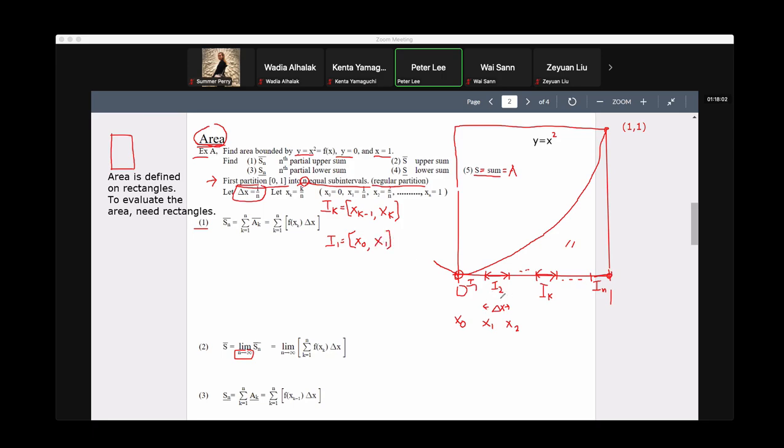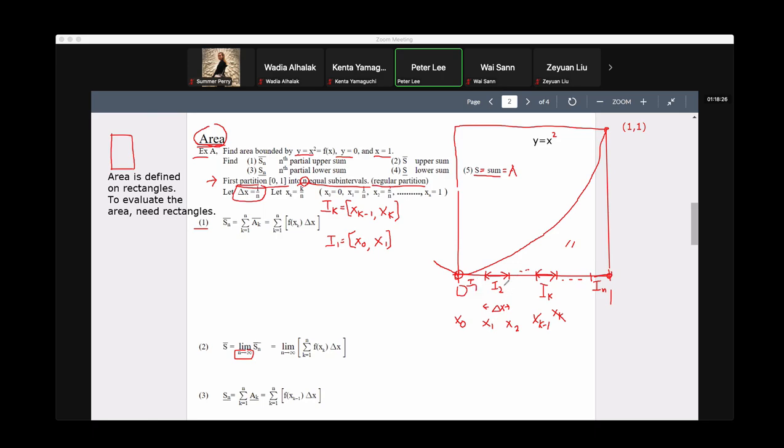So then what is I2? I2 is the interval from x1 to x2. And how about I sub k? The left-hand point of I sub k will be x sub k minus 1, and the right-hand point of I sub k will be x sub k. So now we have a pattern here. The right-hand point of I sub 1 is x sub 1.